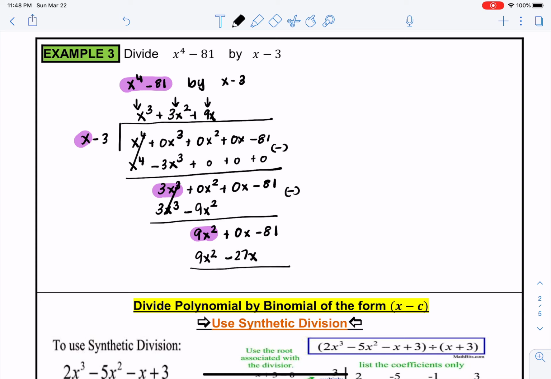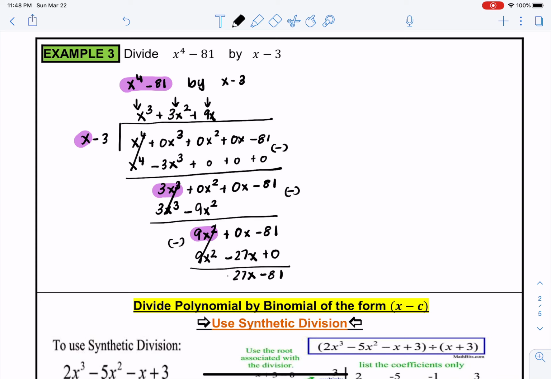So subtract and those two would go away. We have 0x minus negative 27x, which is 27x, and minus 81. So plus 0 there.